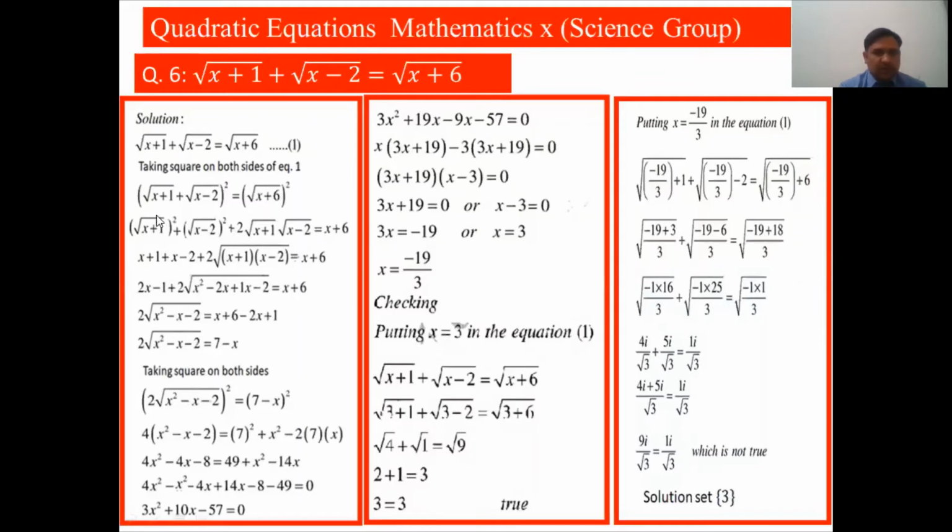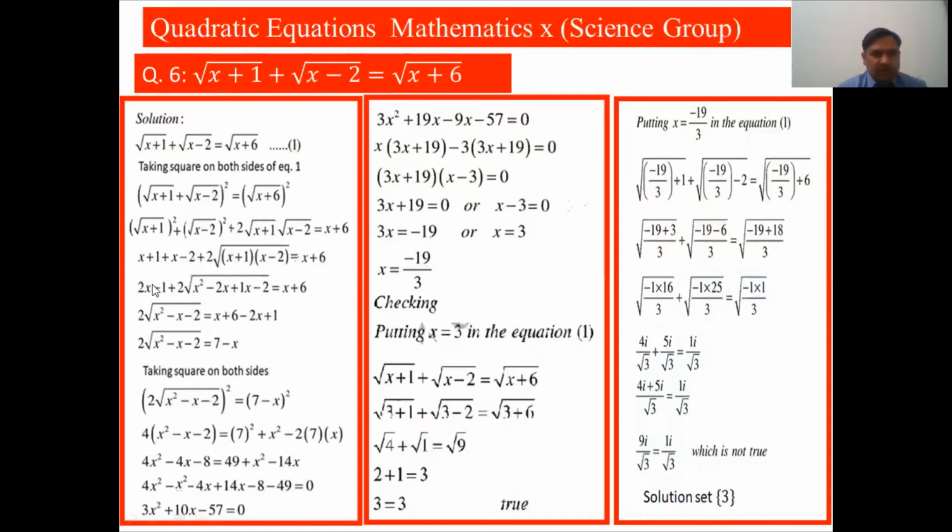This square root cancels out with this square, and this square root cancels out with this, and these two radical forms can be written in the same radical. So here we have x plus 1, here we have x minus 2, plus 2 within square root (x plus 1) into (x minus 2) is equal to x plus 6.